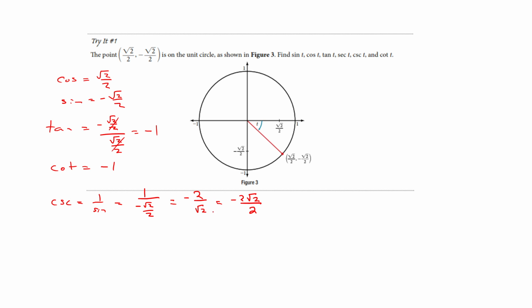That's what I did here. Now you multiply across, you get this. The 2's can cancel. I've got negative square root of 2. And secant is going to be the same thing, except not with the negative. So see that now we're putting 1 over cosine. We're going to get the exact same process, except it's not going to be a negative, it's going to be positive square root of 2.